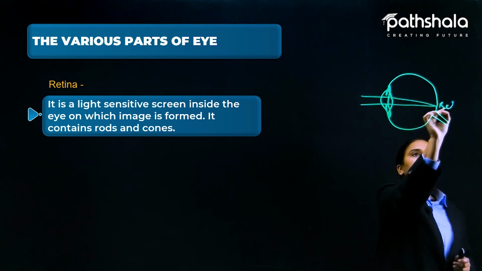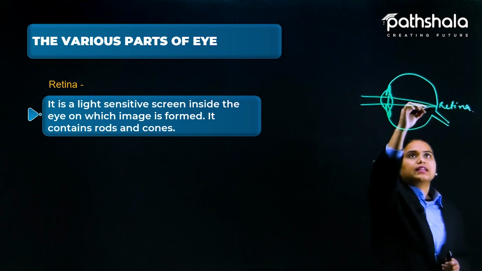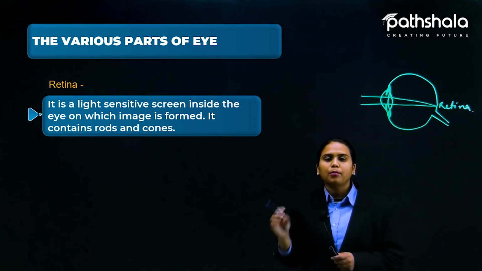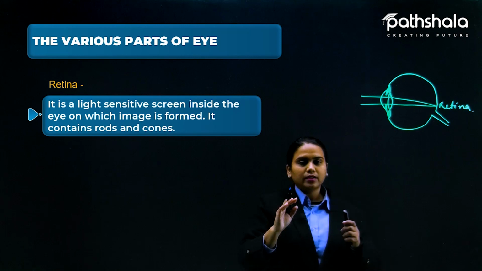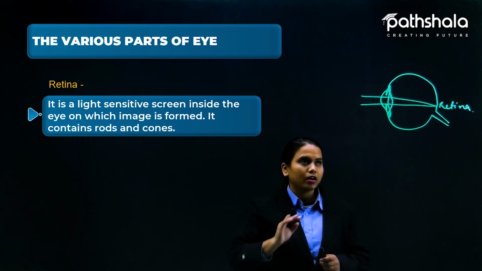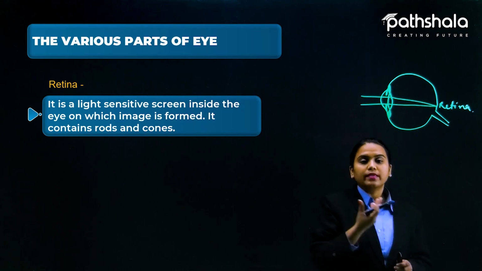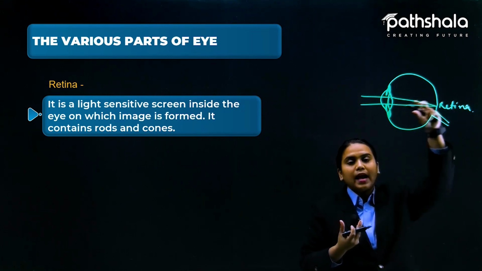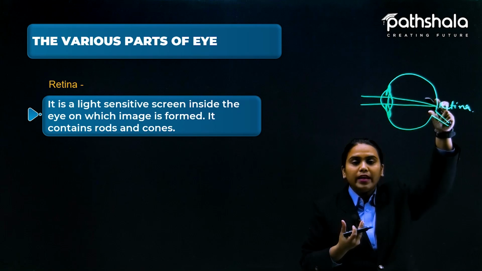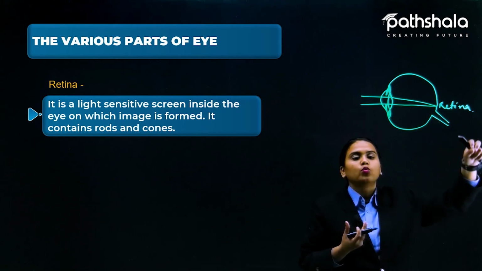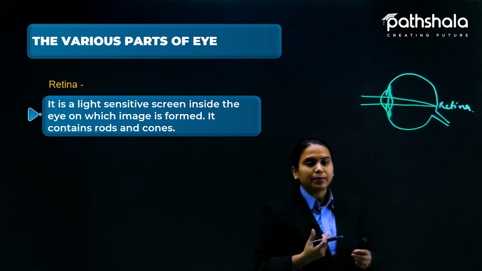So this part is the retina. This is not just a single point, it is a surface, a little surface covering a whole area, where the cells present here take the information towards the brain. And what kind of cells are present here?